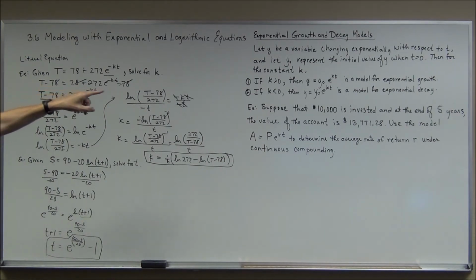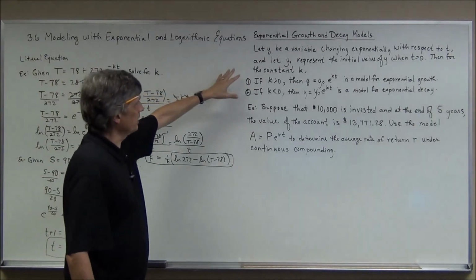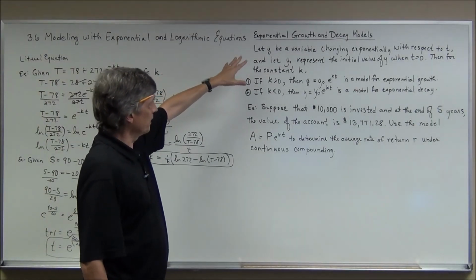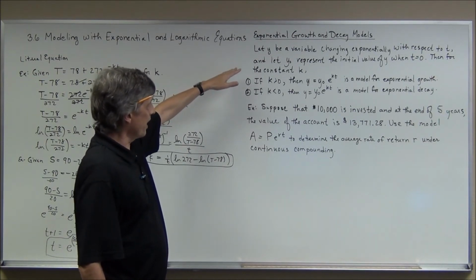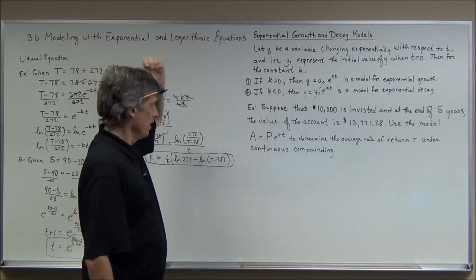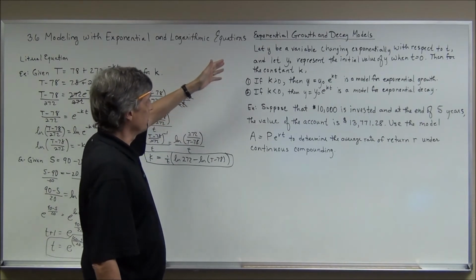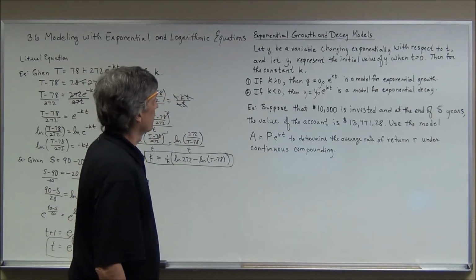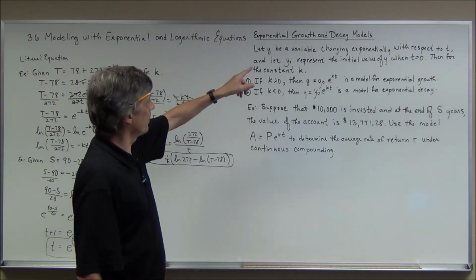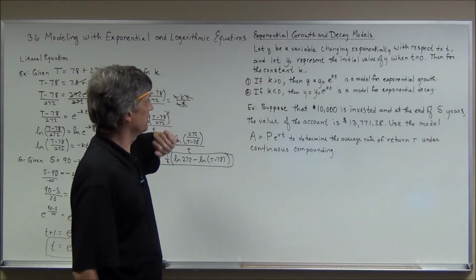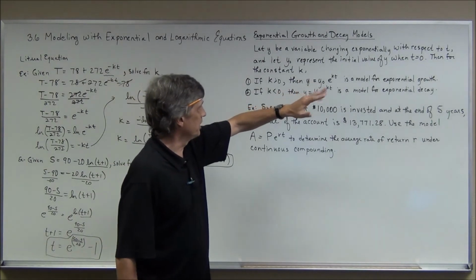Now, I'm going to come back over here and show something that has to do with what we call exponential growth and exponential decay. We've mentioned it in the past based on the graphs, increasing from left to right, decreasing from left to right. Let y be a variable changing exponentially with respect to t, and we like to use t because of time.